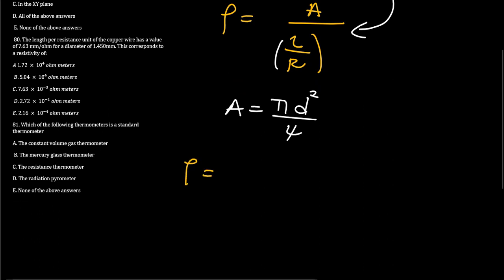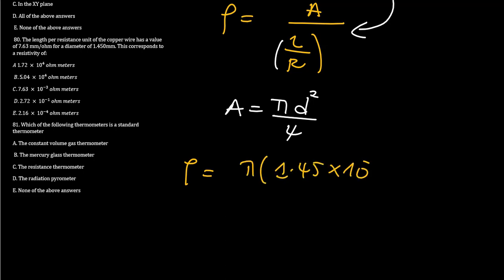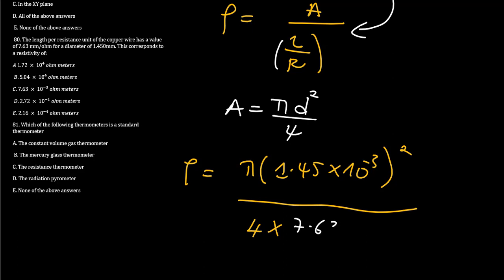So the resistivity rho will be pi, the diameter is 1.45 times 10 to the negative 3 in SI units, all of that squared, divided by 4 times. Now we have the length per unit resistance, which is 7.63 millimeters per ohm. That will be times 10 to the negative 3 in meters per ohm.